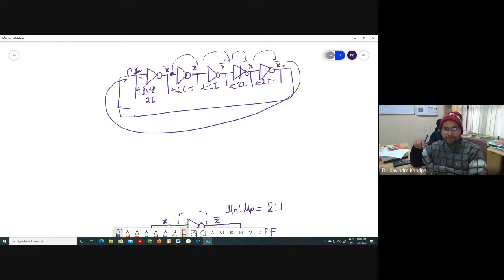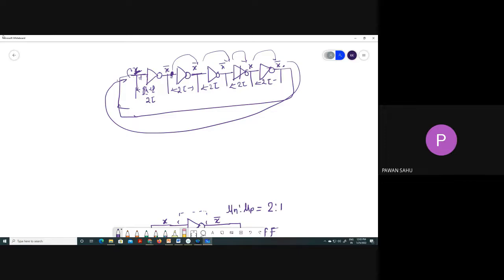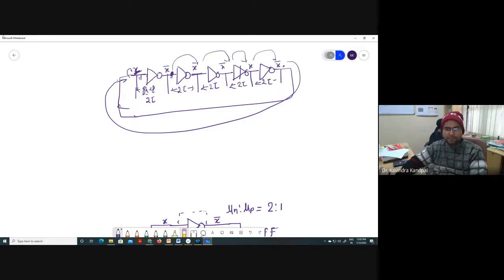If you have simulated the ring oscillator in your last classes, you can easily measure the frequency of operation, and the frequency is 1 upon delay. The time period T is also related to the delay.